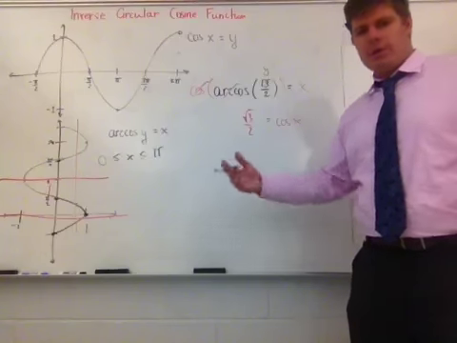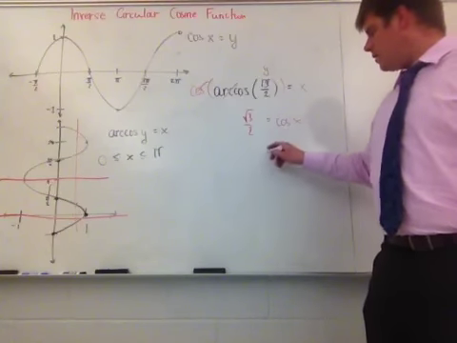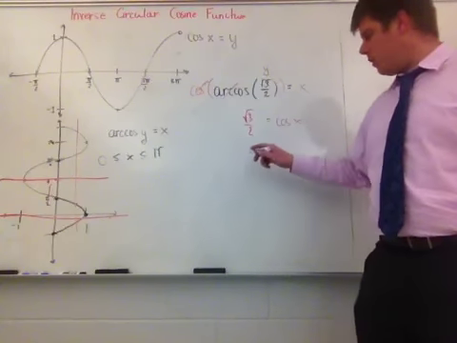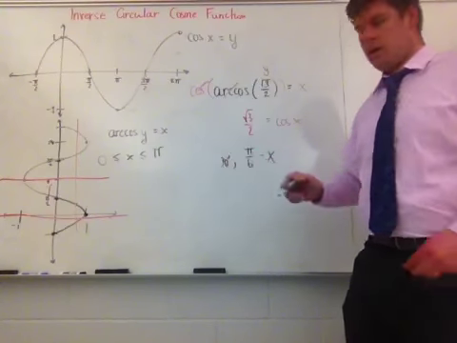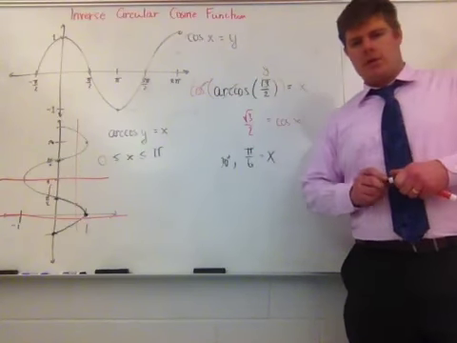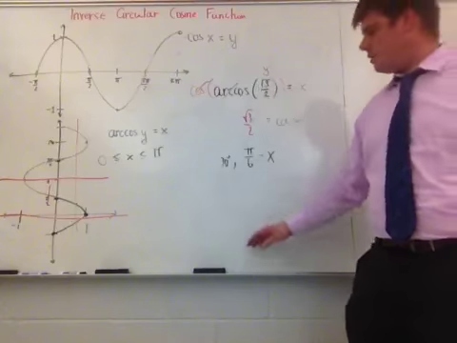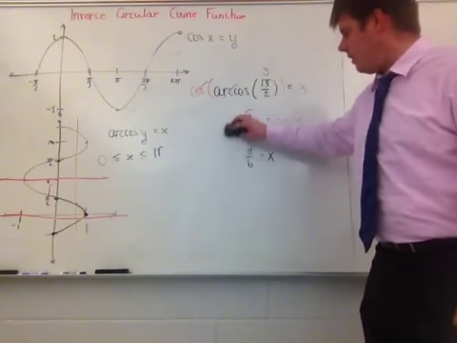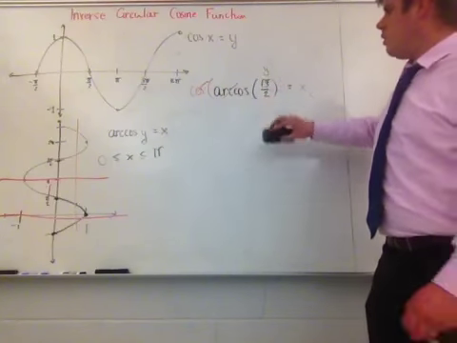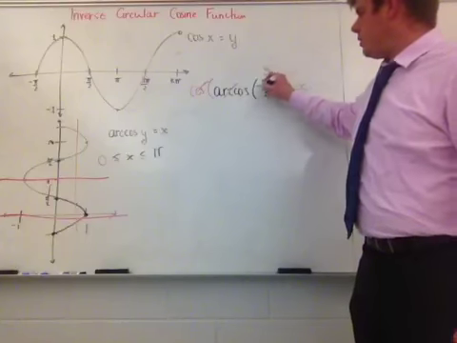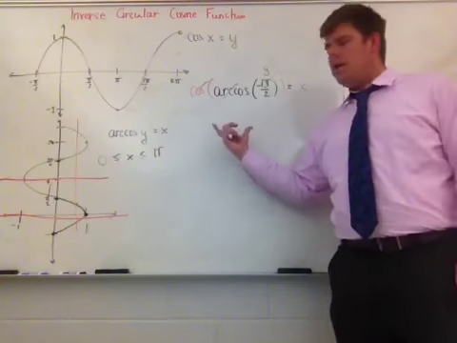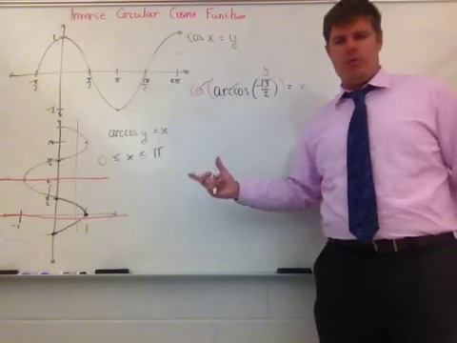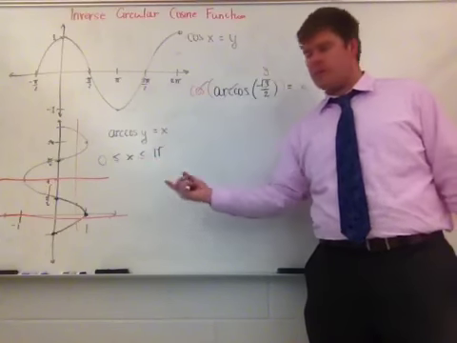If someone asks for the real answer, x in real value is pi over 6, which is the same thing as 30 degrees. So that's how you do that. This was with a positive. Let's say I changed just the value inside there and made that negative. Well, this comes into play with the quadrant. The positive one doesn't really play a role, because it's always in the first quadrant.